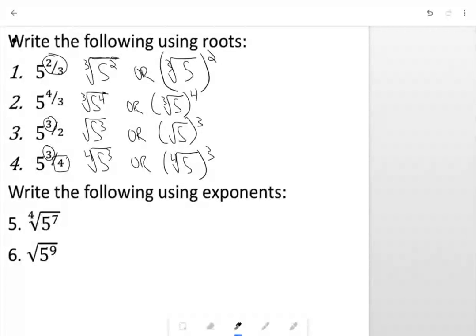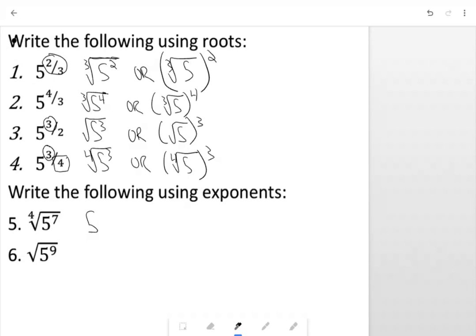For number 5 and 6, we're basically going in the opposite direction. So we want to be able to go from exponent form to roots form, but we also want to be able to do the opposite. So we want to go from roots form to exponent form. So for 5 and 6, we're going to rewrite that using exponents. So with that in mind, we know it's going to be a 5.